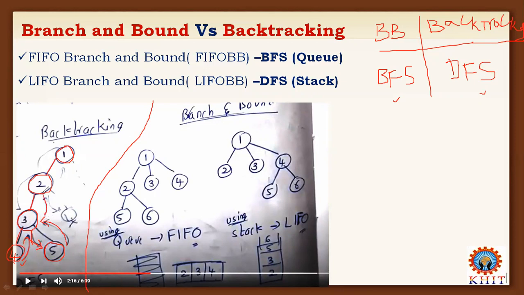Then only you can go back to node 2 and divert the direction. Instead of going from 2 to 3, you move from 2 to 6. And here, if you find the solution, you can consider this as the solution for getting the result or optimal solution.